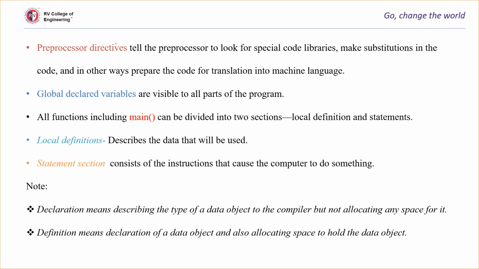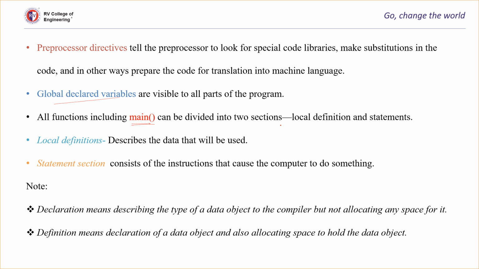So preprocessor directives tell the processor to look for special code libraries like your printf and scanf, and prepare the code for translation into machine language. Global declared variables: if you have modules in your program and you want the variables to be visible for all the modules, we have something called globally declared variables. Then main is the starting point where your program begins its execution.